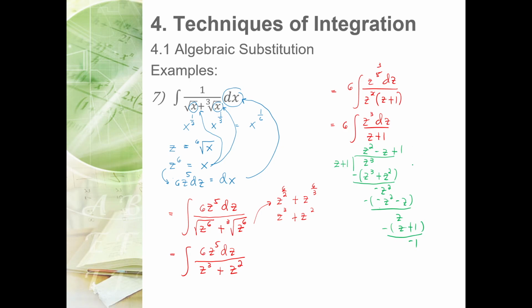Upon representing the final answer, this becomes z squared minus z plus 1 minus the remainder all over the divisor. So this becomes 6 integral of z squared minus z plus 1 minus 1 all over z plus 1 dz.